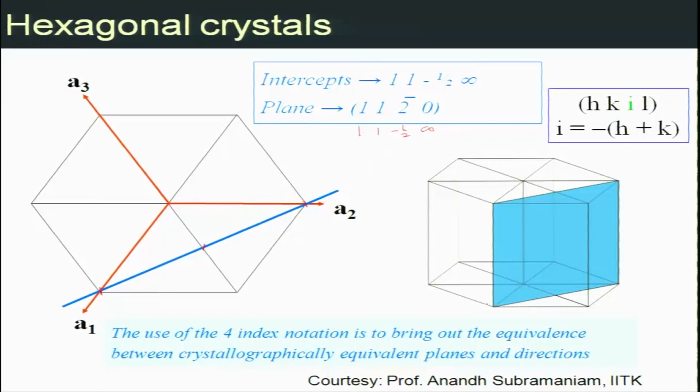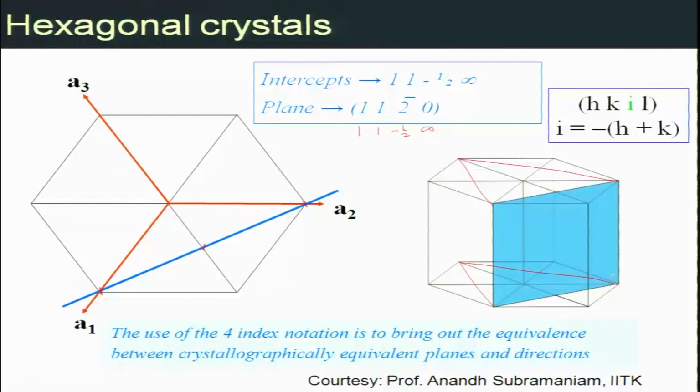So all the planes, this is one kind of plane, this is another kind of plane, and you will have the other one, and the equivalent one at the bottom. This will be another plane. Okay. So these are all identical planes: 1 1 bar 2 0, bar 2 1 1 0, 1 bar 2 1 0, and so on and so forth.